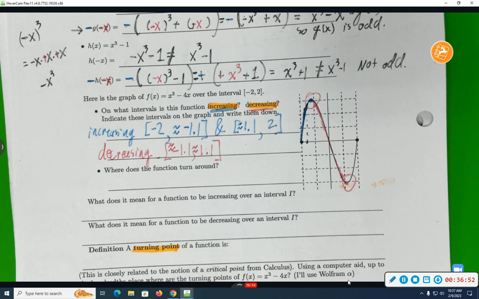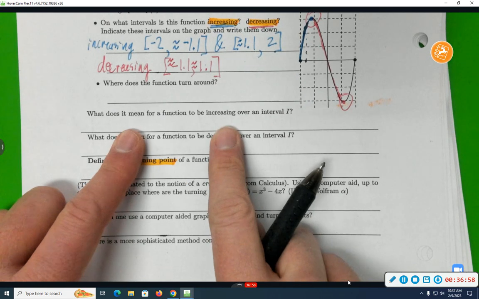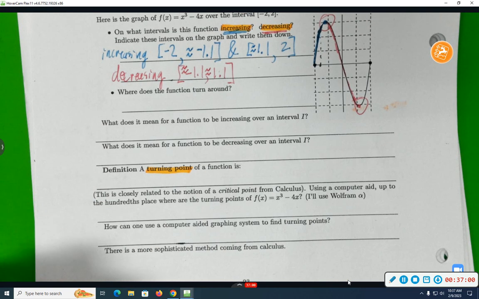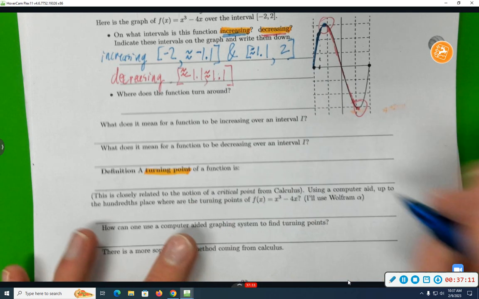I'll write down a formal definition and we'll see if you find that it seems correct. What does it mean for a function to be increasing? Well, it should mean when you take an x value that's less than another x value, the y value should satisfy the same inequality. Blue, because blue is increasing.